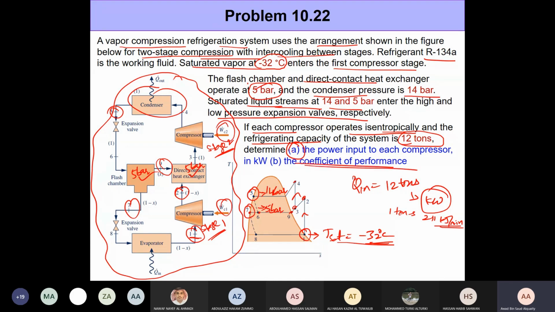Once you calculate the power input to the compressor, the COP, which is beta, is rather easy to obtain because we have been provided with QL, and we will be calculating WC1 and WC2 in part A.